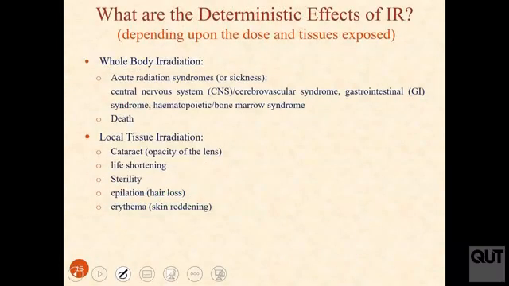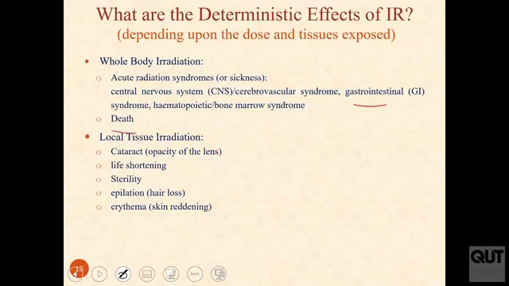Alright, so let's have a little look. What are the deterministic effects of ionising radiation? It depends on whether you irradiate the whole body or just a local tissue, or just one section of the body. With whole body radiation, you can get acute radiation syndromes like radiation sickness, central nervous system syndrome, gastrointestinal effects, or leading to death.